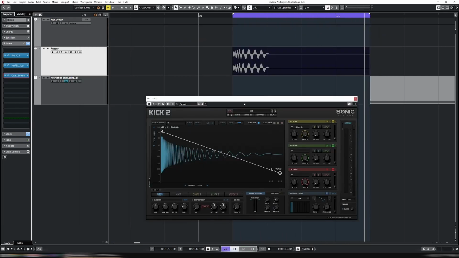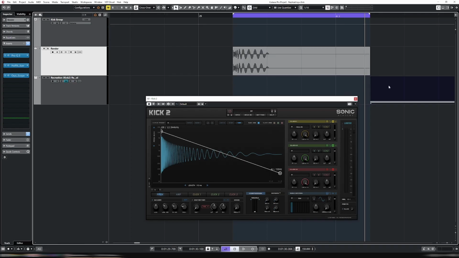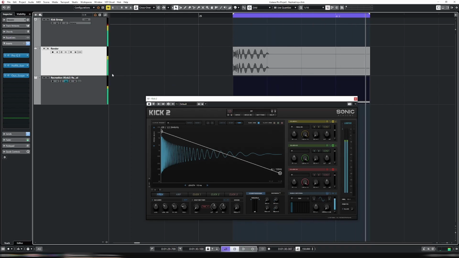I personally find the amplitude curve easier to do first. So let's have a look at replicating that. Here we have our Kick2 instance. If we play it back, they'll play back at the same time and sound horrible.